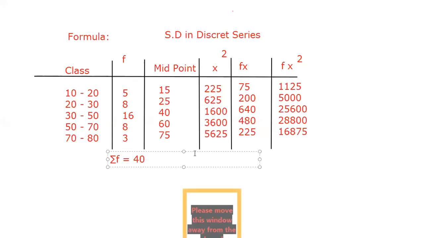Midpoint we don't need. We need sigma fx divided by sigma f, and x square also we don't want, and I hope you all remember the formula, right?